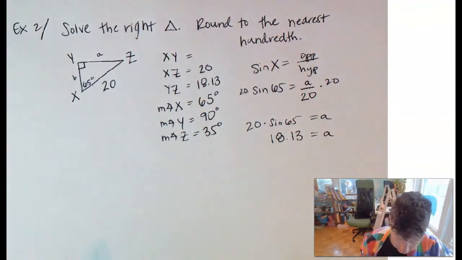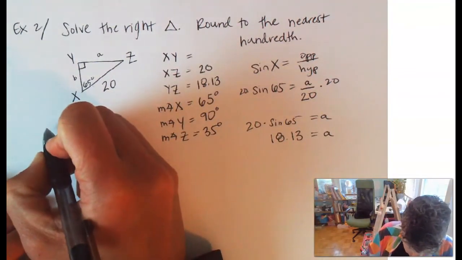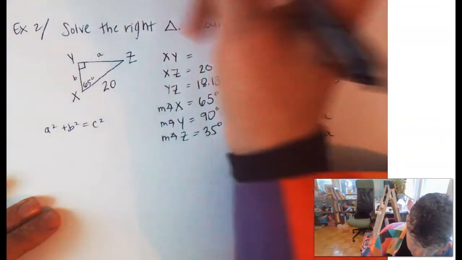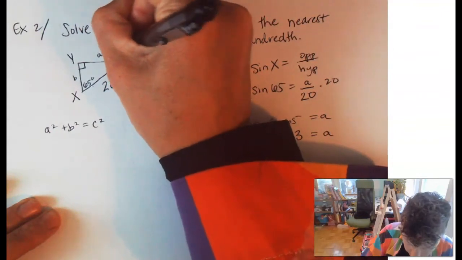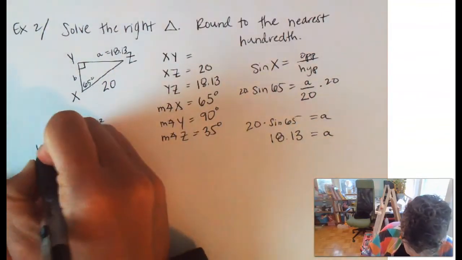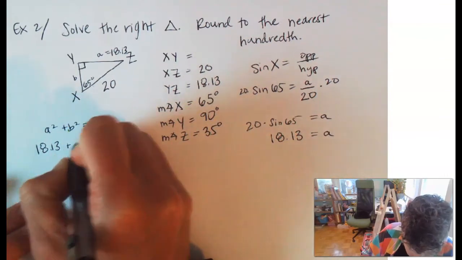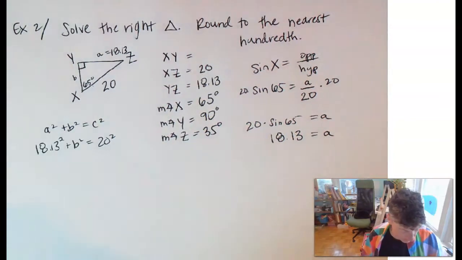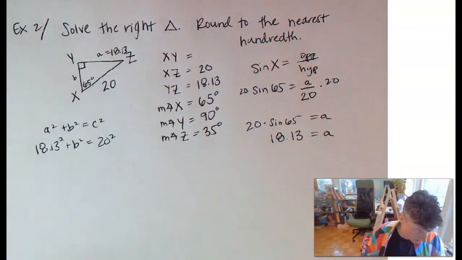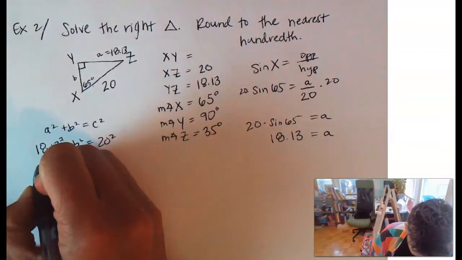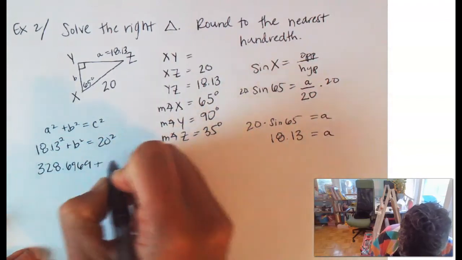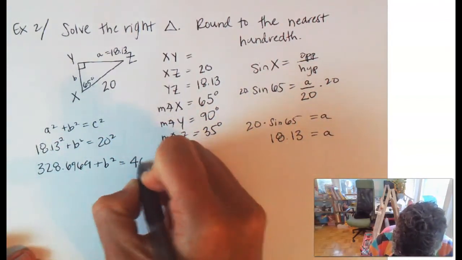So let's go ahead and do that. All right, we're saying A squared plus B squared equals C squared. We now know A is 18.13, so we have 18.13 squared plus B squared equals 20 squared. 18.13 squared is 328.6969 plus B squared equals 20 squared is 400.